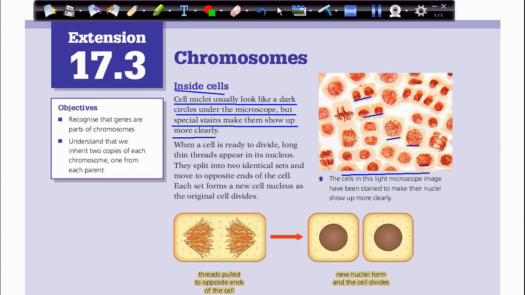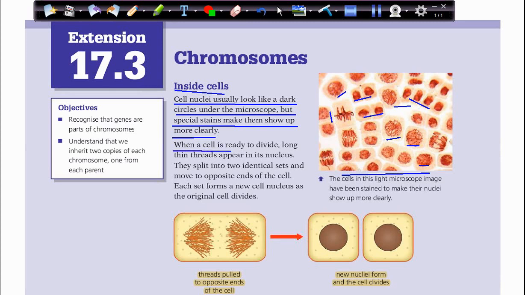We have more than one nucleus because we have more than one cell. Usually when we see them under the microscope, we can see them dark, but in this case they have stains. Sometimes you can see them purple, sometimes they use pink stain, or sometimes red stain, just to show them more clearly.